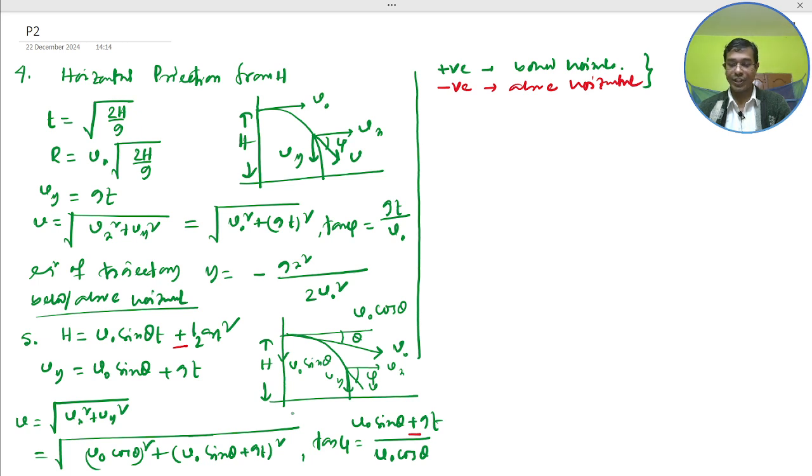So last one is projectile on inclined plane. This is very important for JEE Advanced purposes.